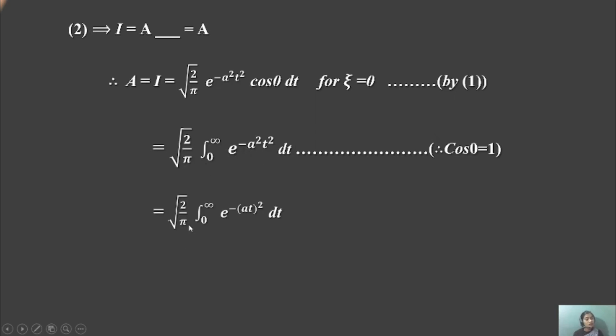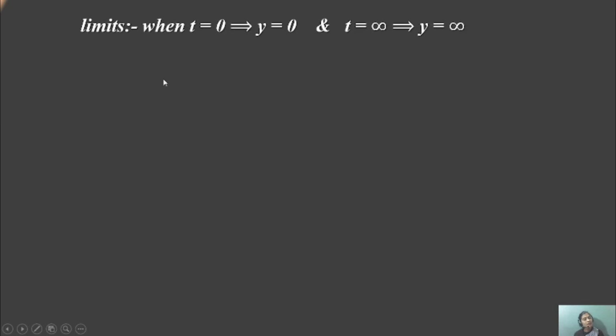Then in this equation, you know that a²t² is the same as (at)². Then put at equals y and a dt equals dy, because a is constant for differentiating, so dt equals dy/a. The limits also change: when t equals 0, y equals 0; t equals infinity, y equals infinity.